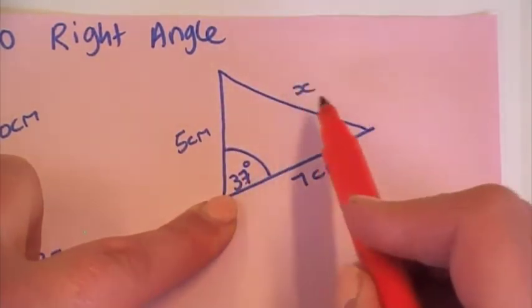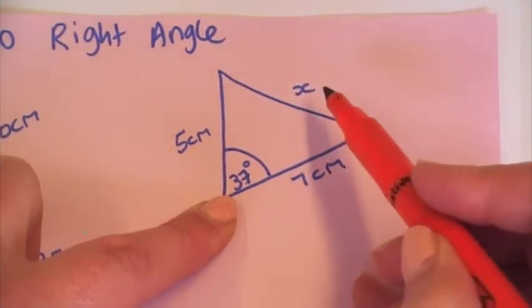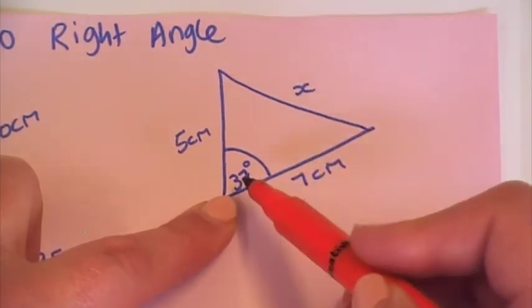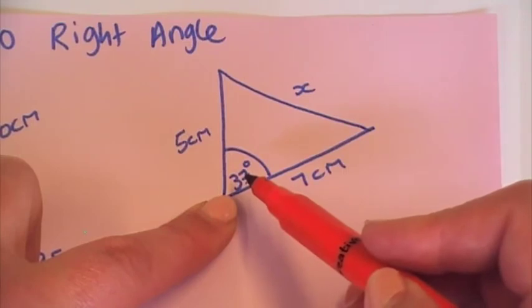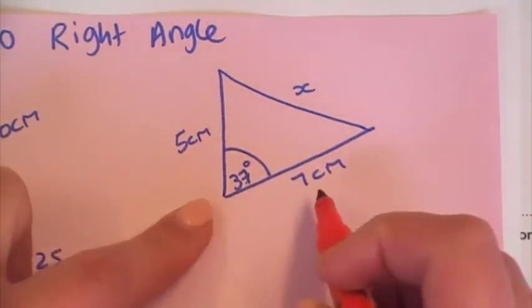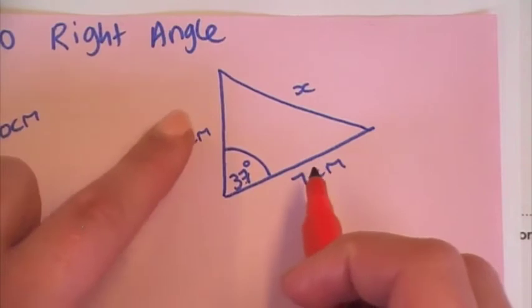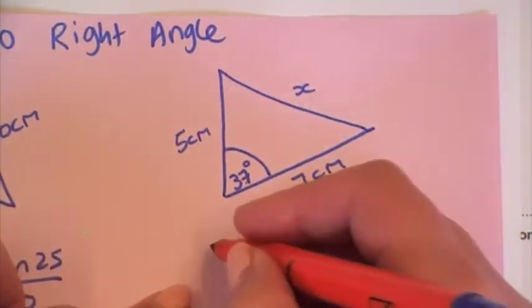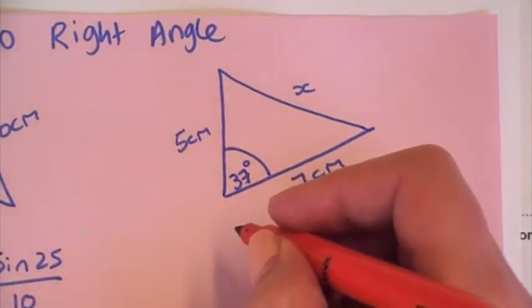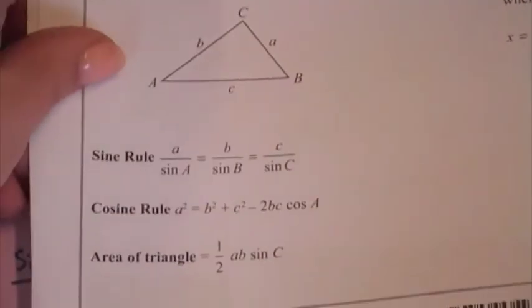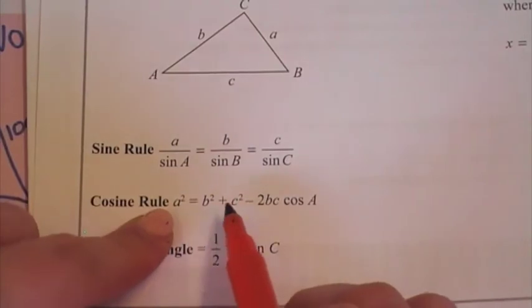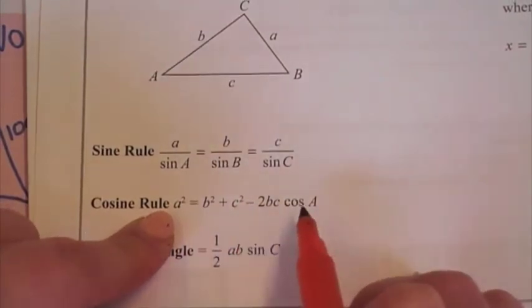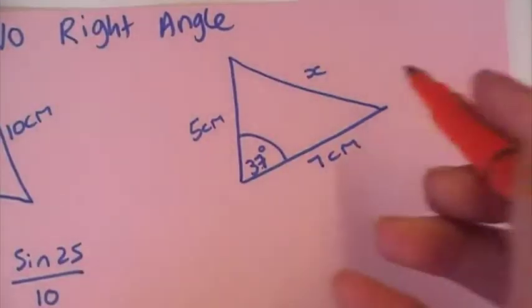More often than not, it is going to be a length that they'll ask you for, but if it's a particularly tricky question, they might ask you to find the angle. However, you will of course get a mark for spotting 2 lengths, a third length, and an angle. That's going to be this one. 3 lengths are in use and 1 angle. So that's the cosine rule.